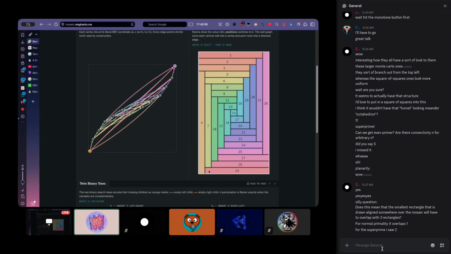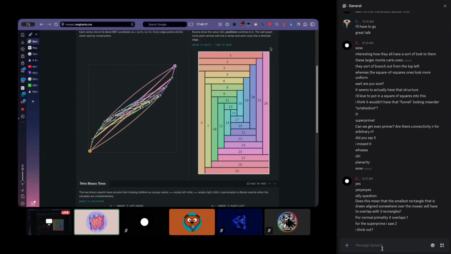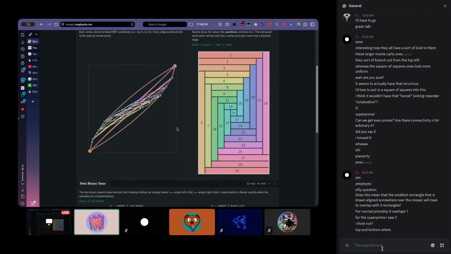If you see in the bottom layer, it is still 2. So if you put it in the top or in the bottom, then it's still 2. What do you mean by align? Maybe I'm not understanding. I was thinking here and here. So if you put a rectangle up here or a rectangle down here, is that what you mean by align?